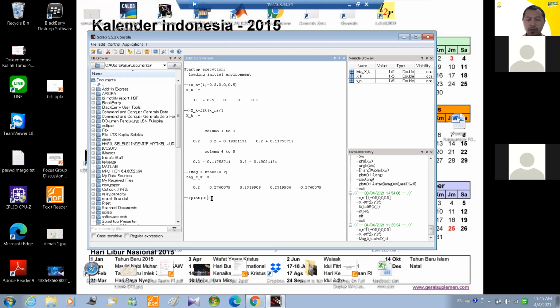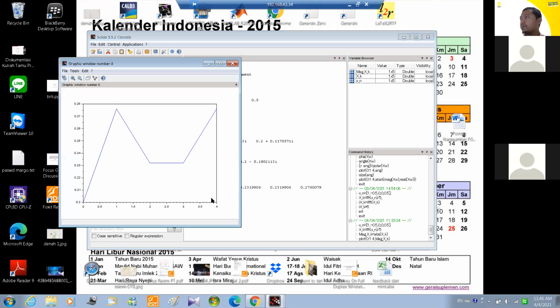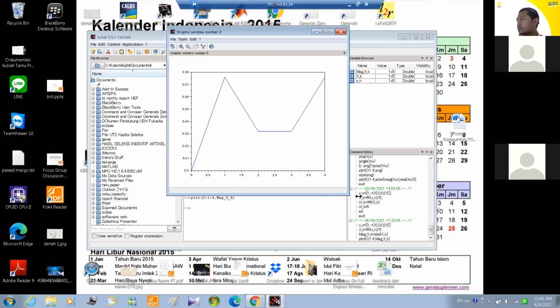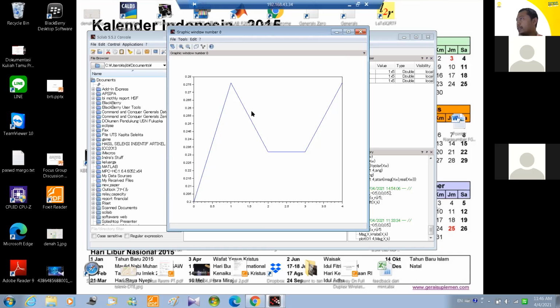From 0, the increment is 1 until 4, and then the magnitude of Xk. Okay, let's see. You can see here.